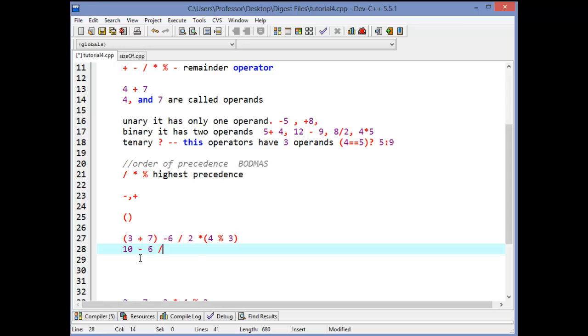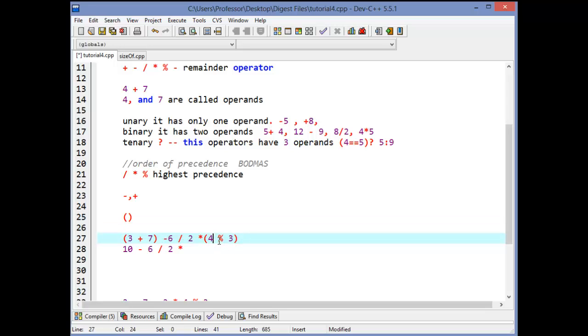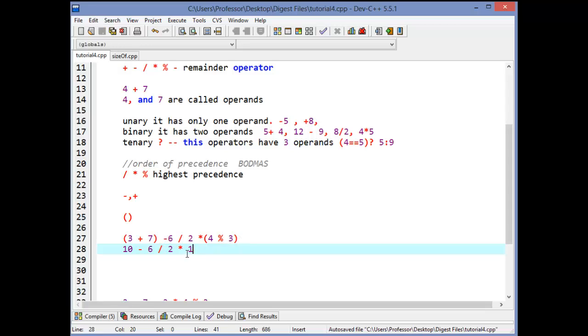It will not touch this divided by 2. It will not touch the multiplication. To come straight here and evaluate this. And 4, when 3 divided by 4, we get a remainder of 1. So right now that the parentheses are gone, then we apply the order of precedence. Is that okay? And then rule of left to right.